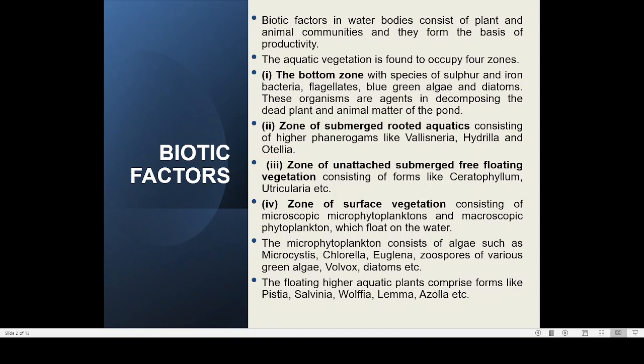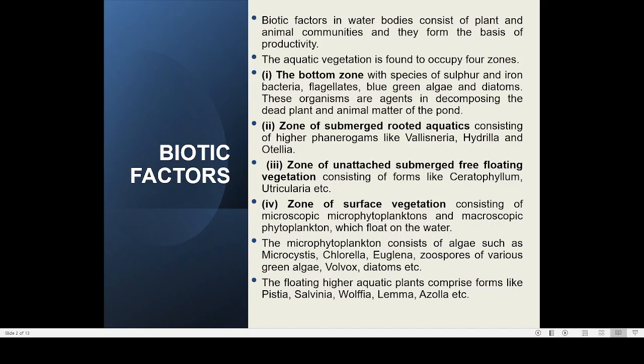Then Lemna is there. So this is the Lemna. These are the major types of plants. Then Azolla. Azolla also I will show you. The importance of Azolla is that it is a plant important in nitrogen fixation. This is Azolla. So these are the larger types of plants which survive on the upper surface of the pond.